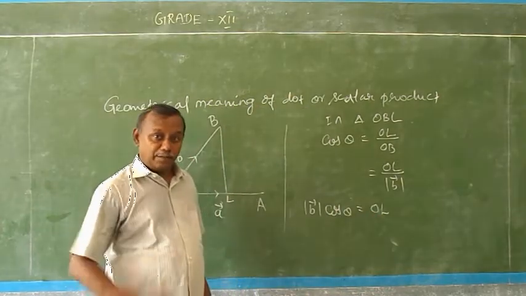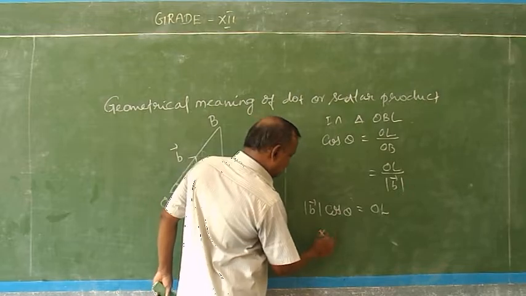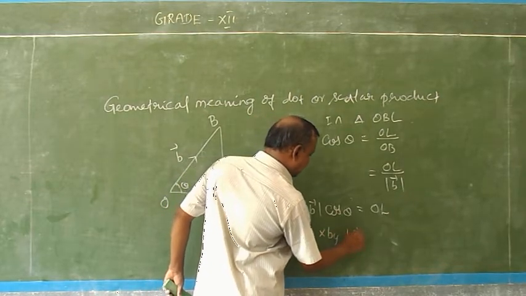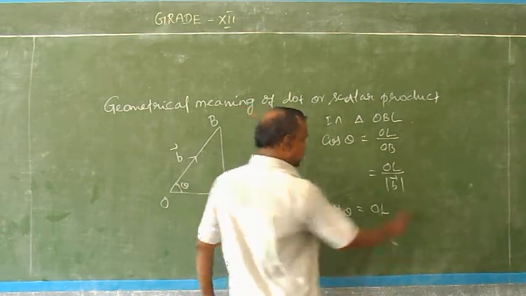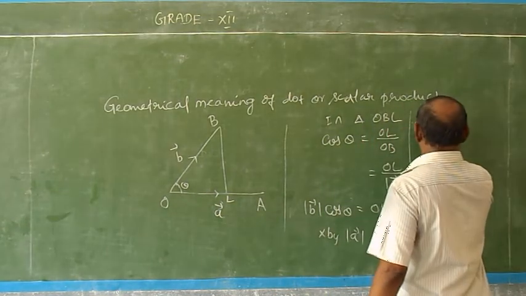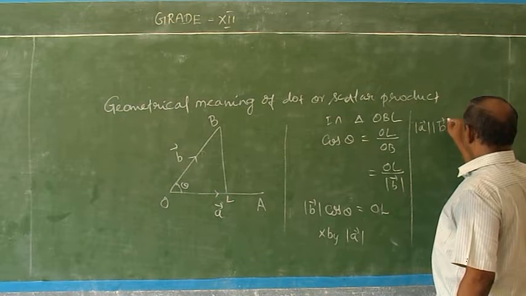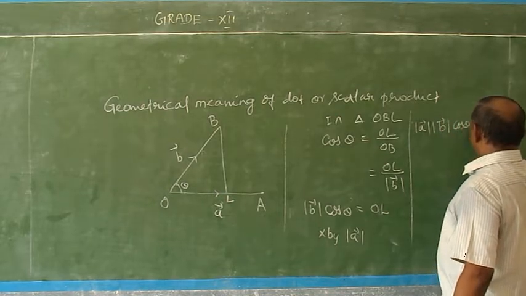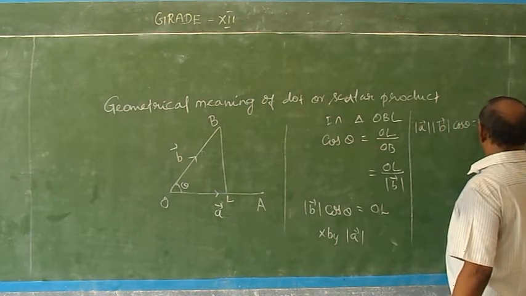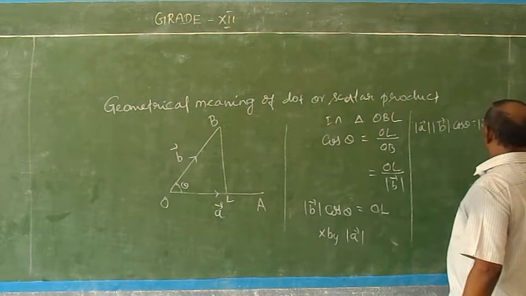multiply by modulus of A vector on both sides. Hence, it is modulus of A vector into modulus of B vector into cos theta equal to modulus of A vector into OL.